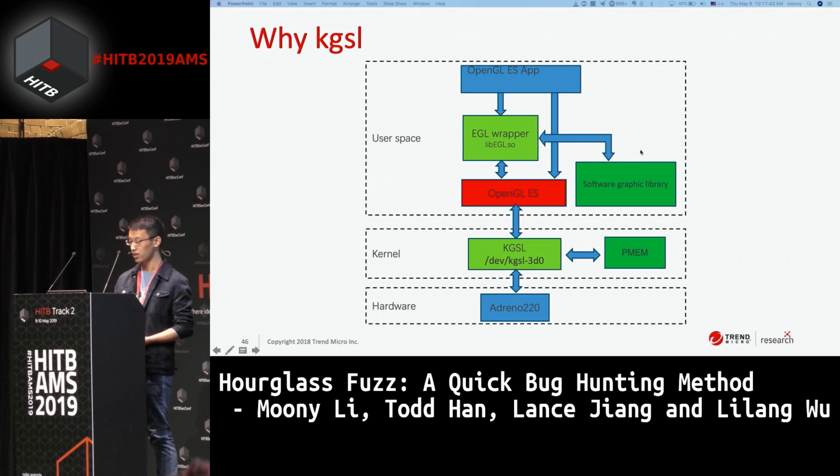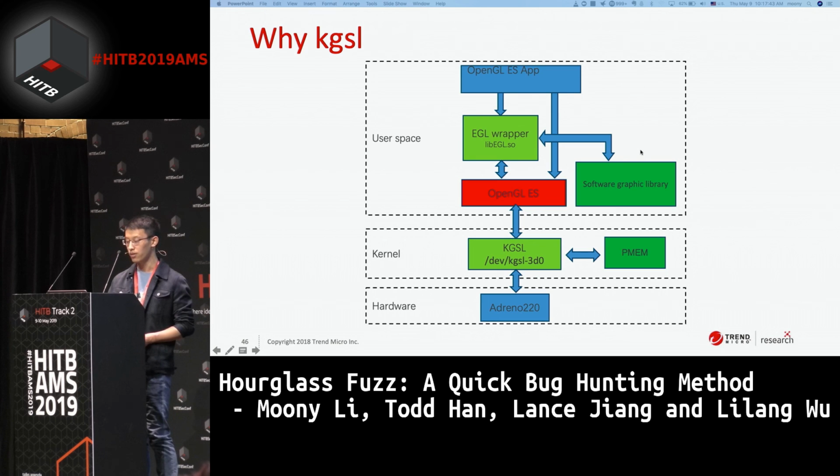OpenGLES is a HAL layer, which is provided by Qualcomm and has no source code. The next layer is the KGSL 3D0 driver in the kernel, and it's open source. The driver in the phone is dev/kgsl-3d0.